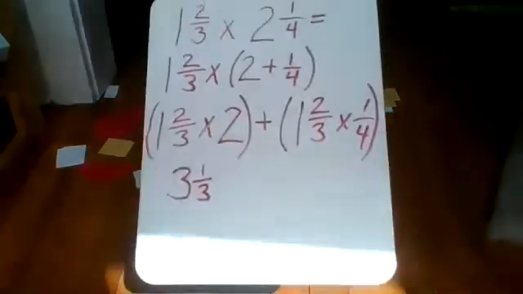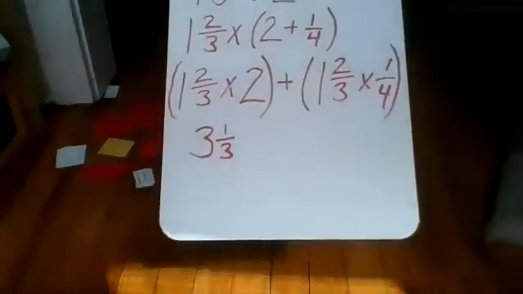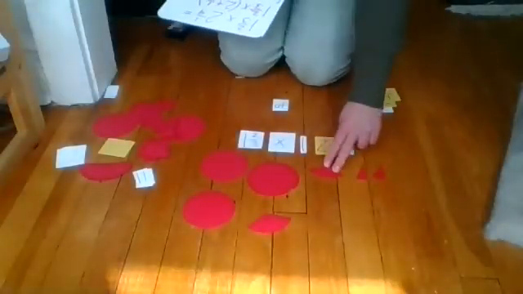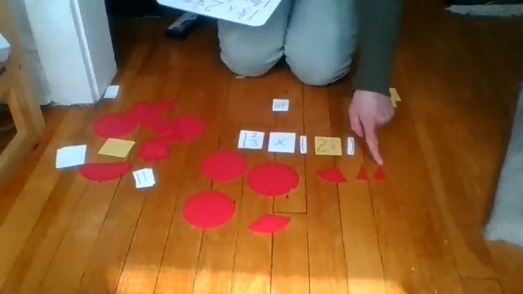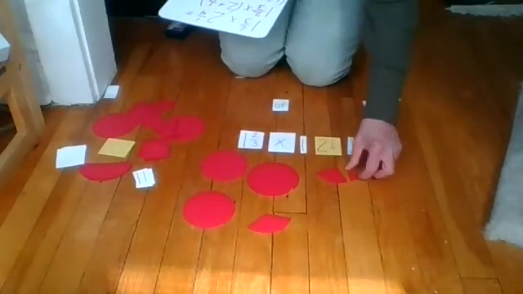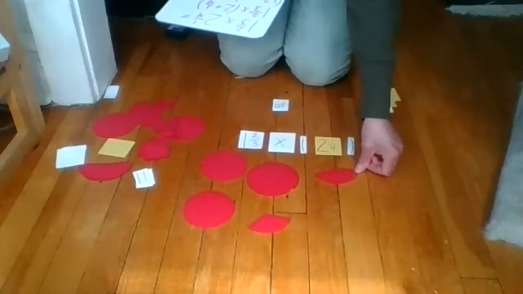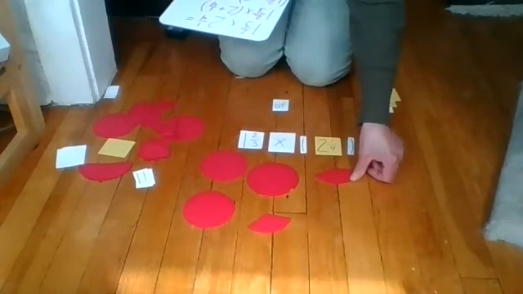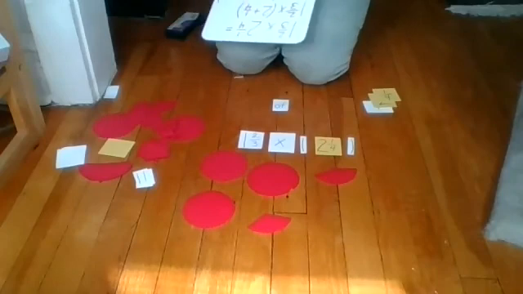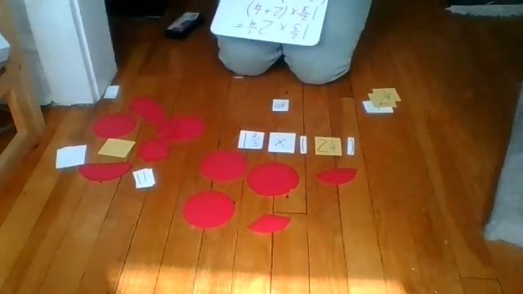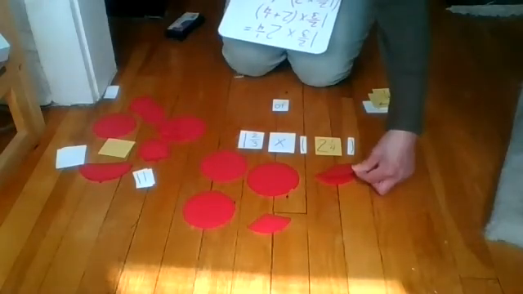I'm just going to simplify as I go. It'll make it a little easier to see when I add everything together. And over here, I have 1/4 and 2/12. Let's see. 1/4 and 2/12. Does that look like anything? So I'm going to check and see.